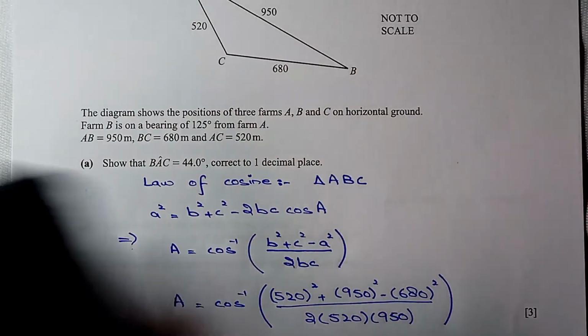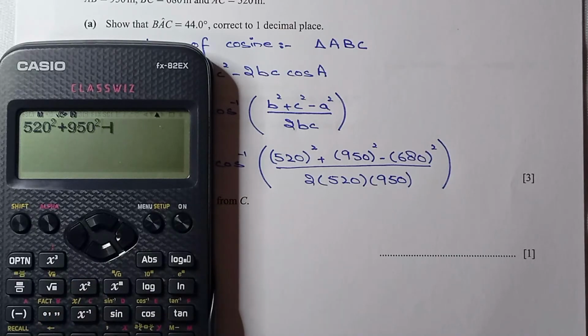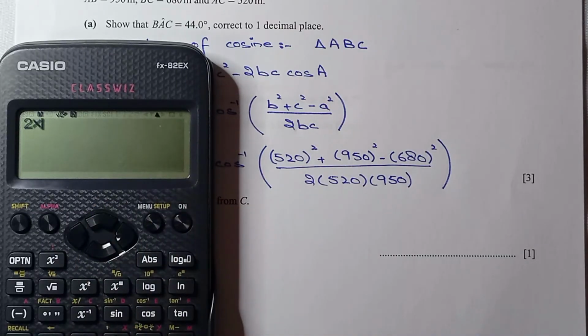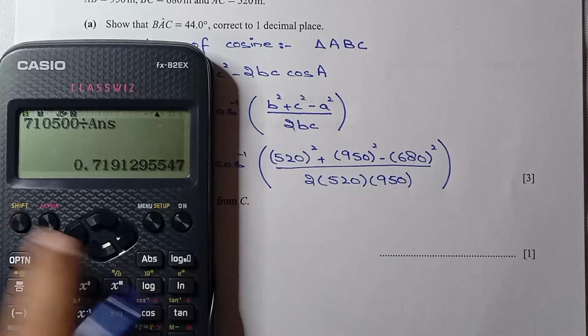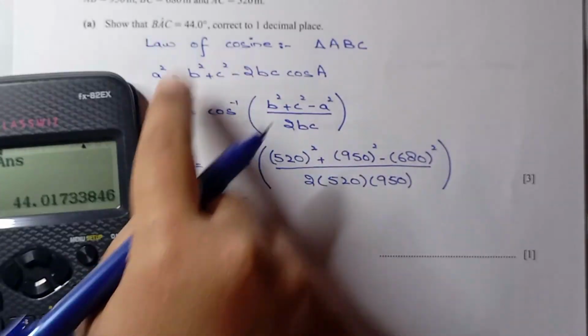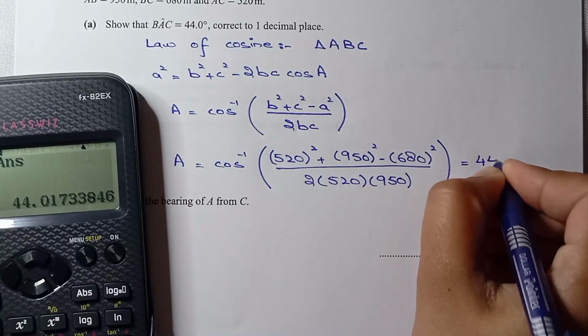Now let me do the calculation. 520 square plus 950 square minus 680 square would be 71,500, and then divide by 2 times 520 times 950, and doing the cos inverse, we have 44.01. So we have 44.0 correct to 1 decimal place. So the angle is 44 degrees.